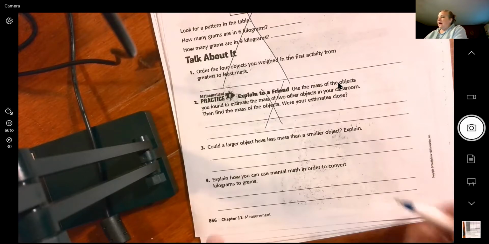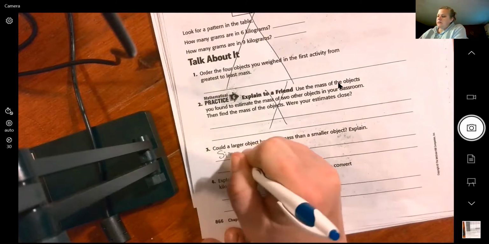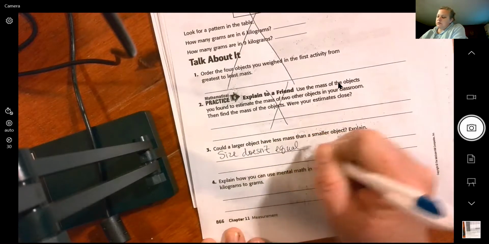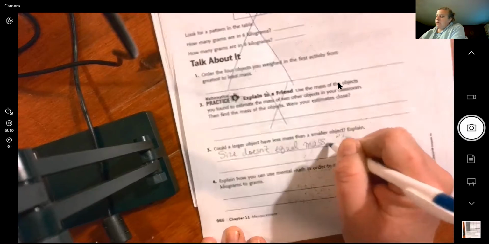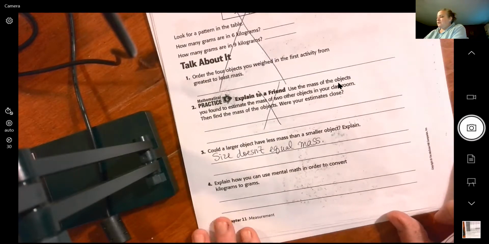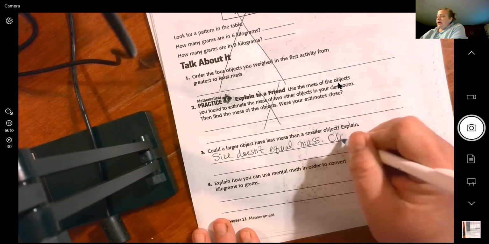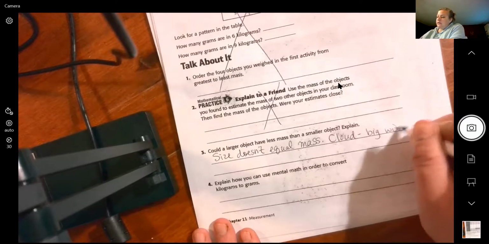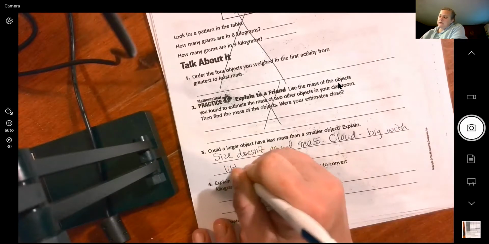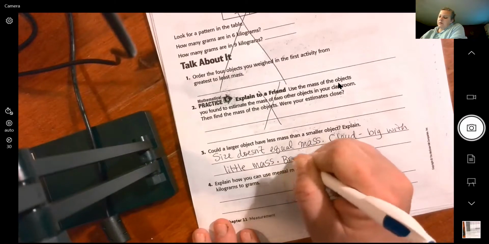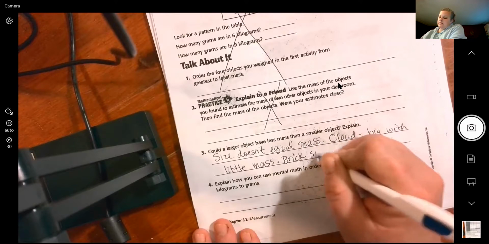All right, so size doesn't mean mass. Remember how we talked about a planet could be really, really big and not have as much mass, or it could be really small and have a lot. So you can think of a cloud as big with little mass, but a brick is small with a lot of mass.